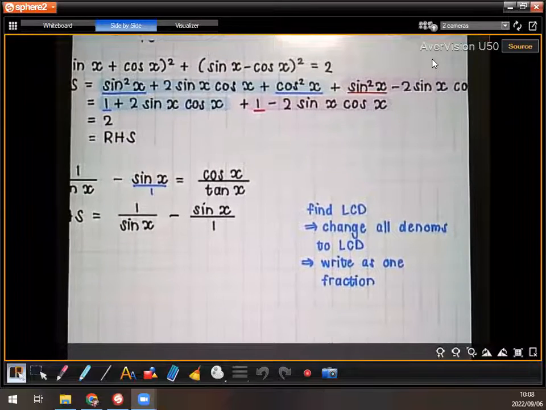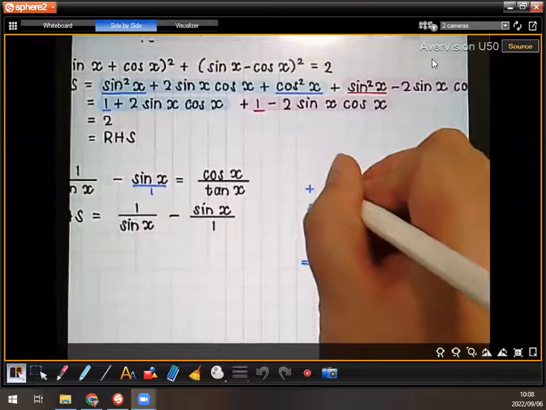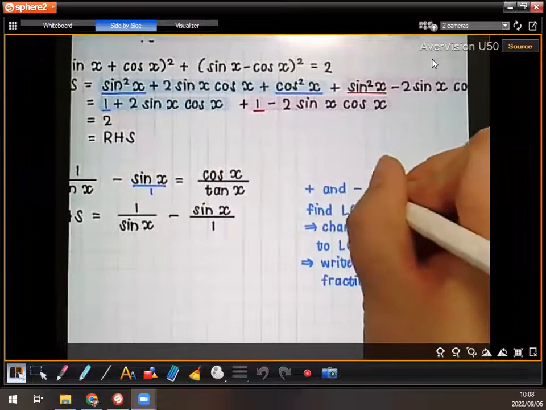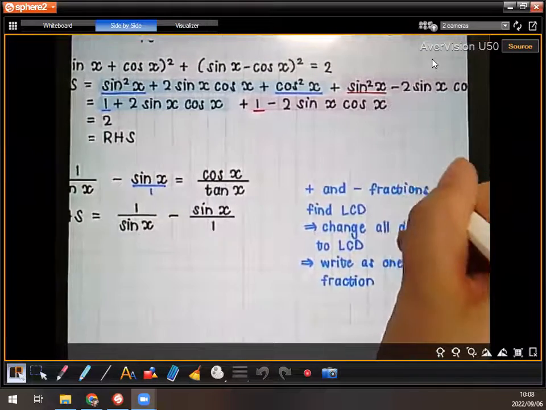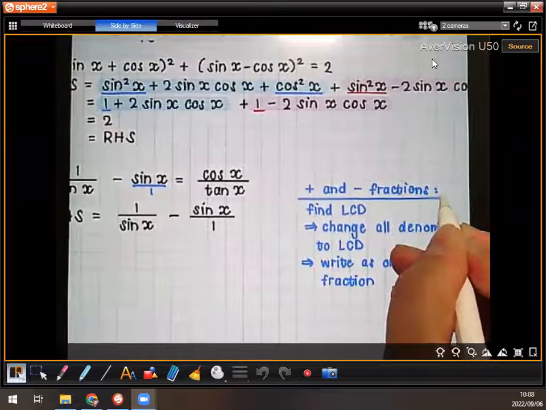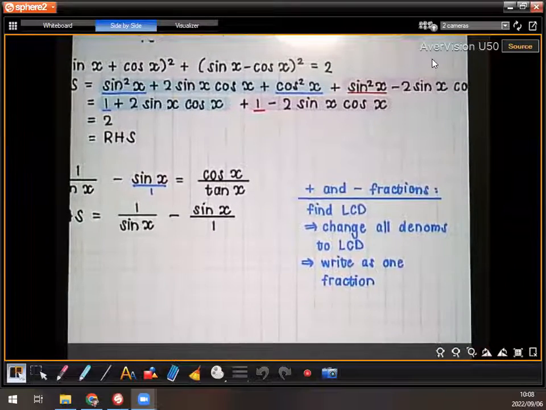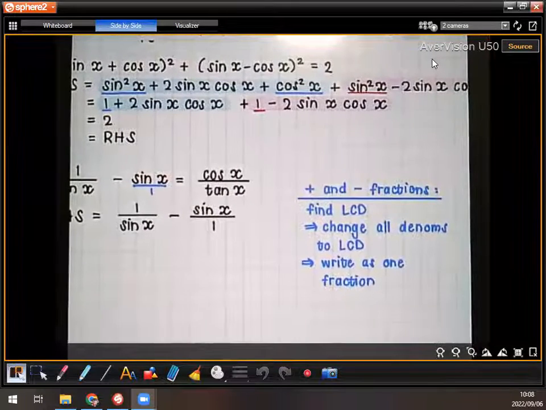Maybe I should just add a big plus and minus fraction. And those are the steps that you're going to have to take. Right, it's the same when we're working with numerical fractions or other algebraic fractions. Now it's just trig fractions, okay? But the method stays the same.